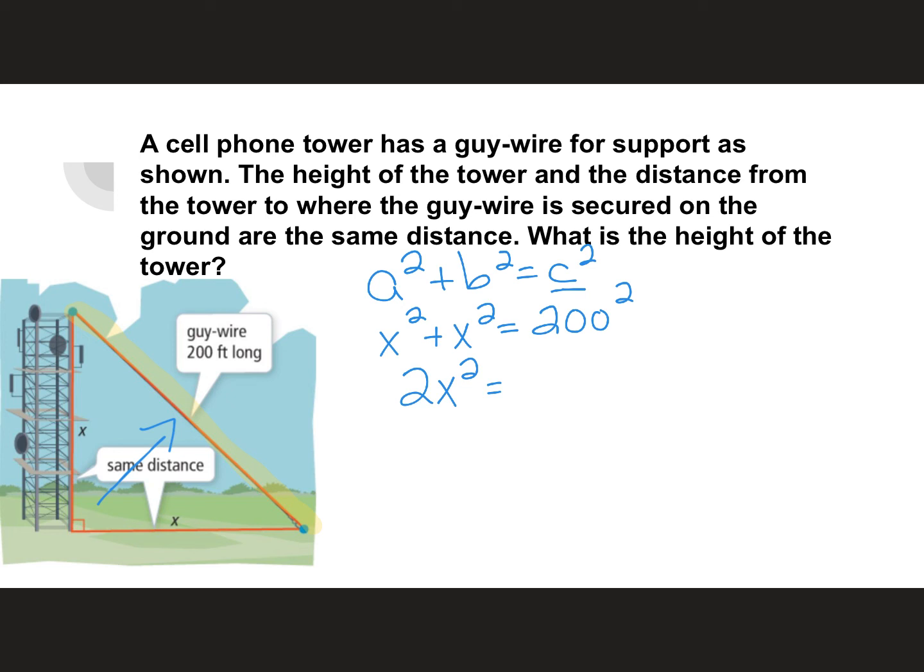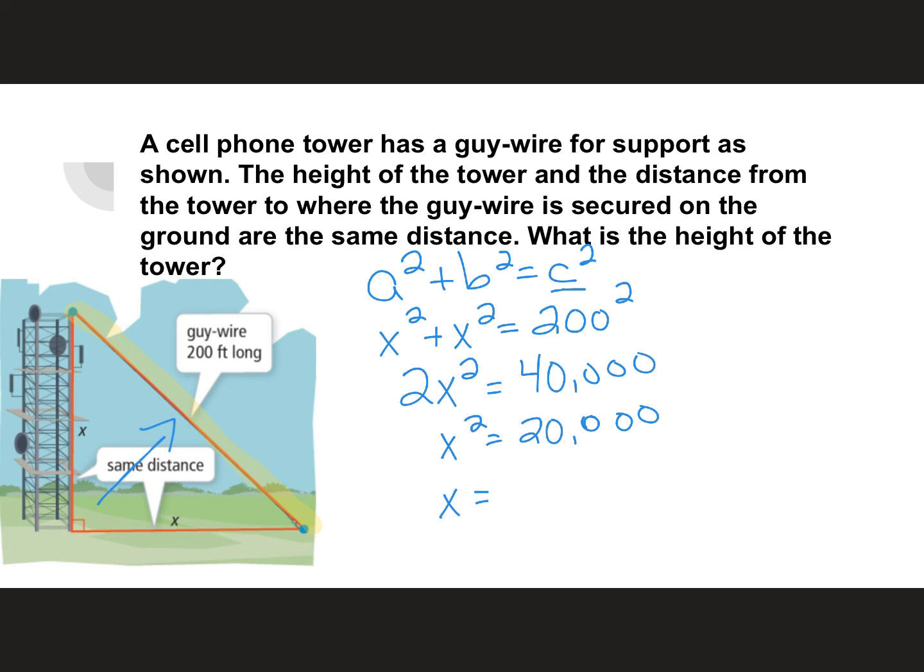is 40,000. So then I'm just going to divide both sides by 2. That gives me x squared equals 20,000. And then I can simply take the square root of both sides. So I get, in this case, I know it can be positive or negative, but I'm talking about the distance of a wire.